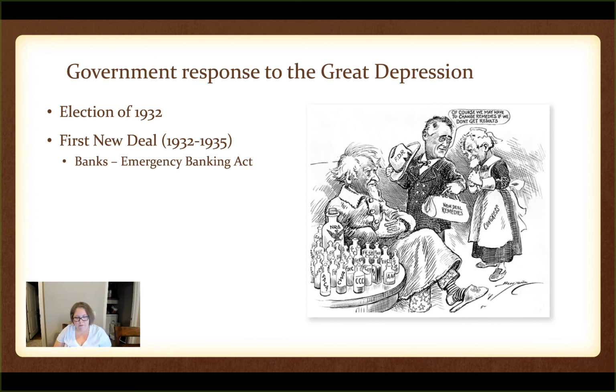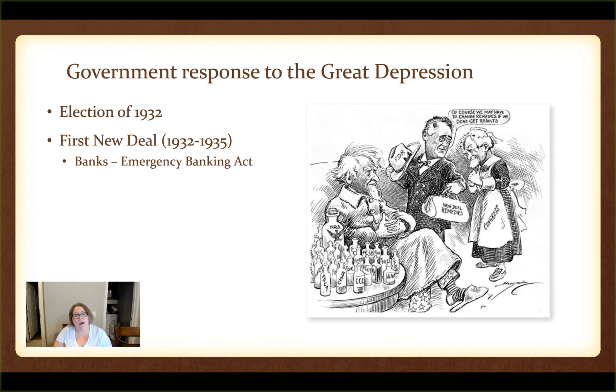The federal government will insure that money for you. This made people a little bit more easy with the banking sector, so that at the end of that bank holiday, when the banking activity resumed, people were less frightened and less encouraged to go and pull all their money out of the banks.